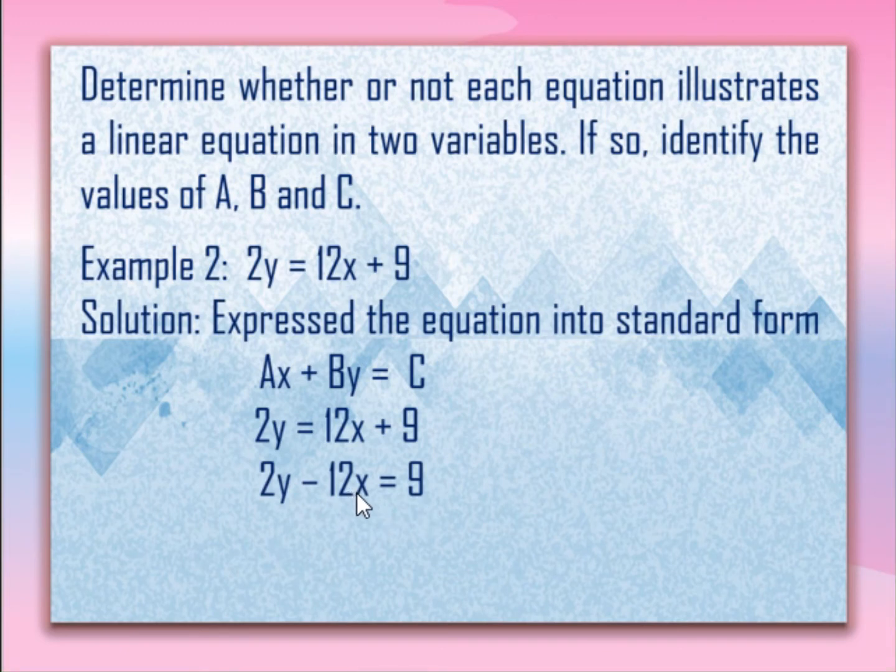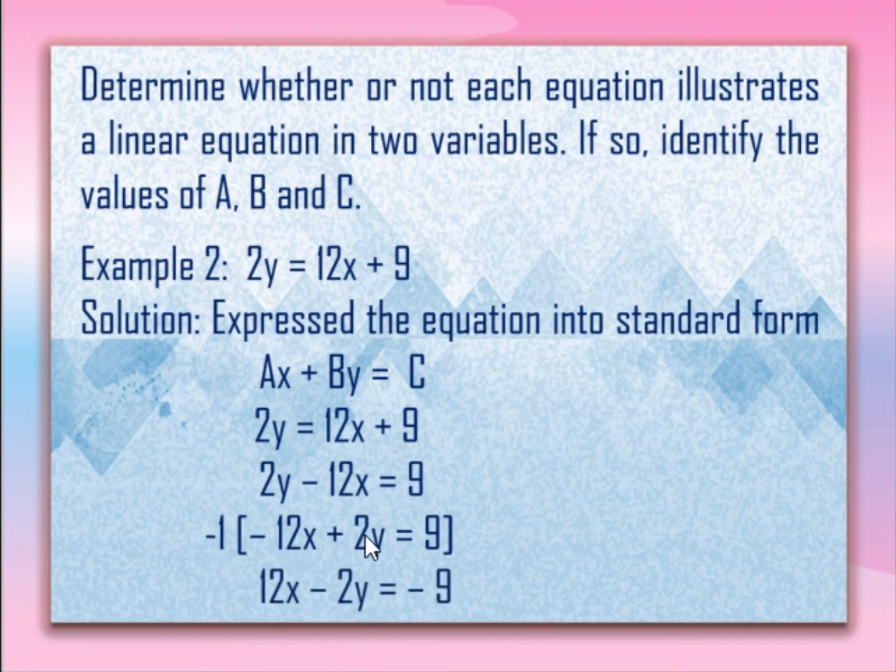If the coefficient of x is negative, we need to make it positive by multiplying the whole equation by -1. So, we have -1 times -12x is positive 12x, and -1 times positive 2y is -2y. -1 times 9 will become -9.